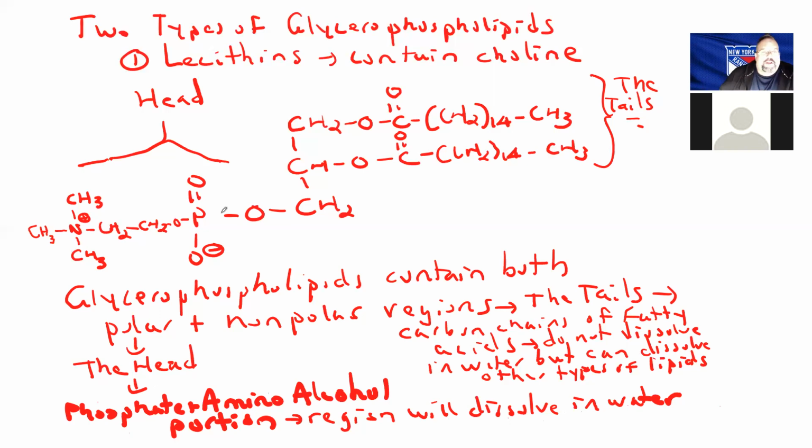All right. You look at the amino alcohol, you have to be able to recognize it as choline, and therefore you have a lecithin. I'll mention the other thing on the next slide because this one's getting a little bit crowded. So the other type of glycerophospholipid to talk about are what are known as cephalins.